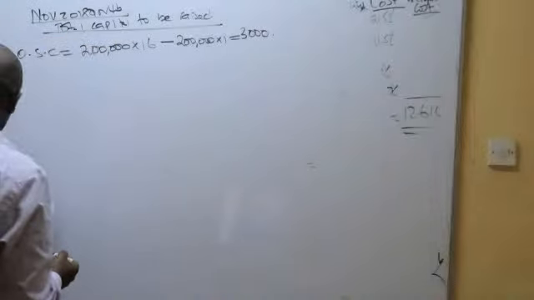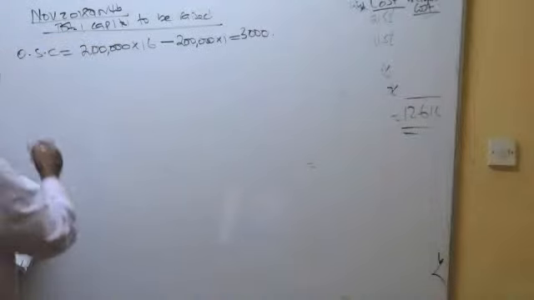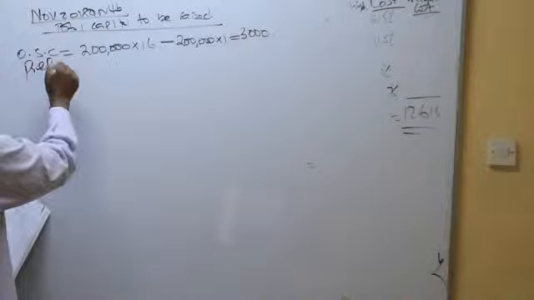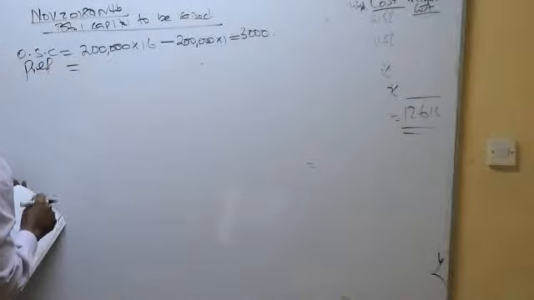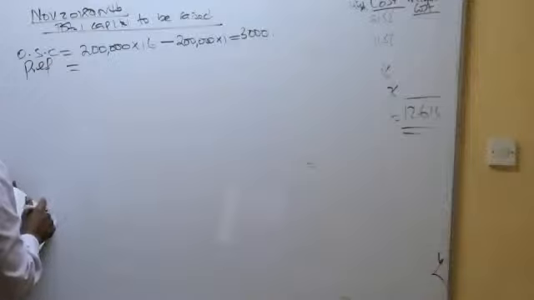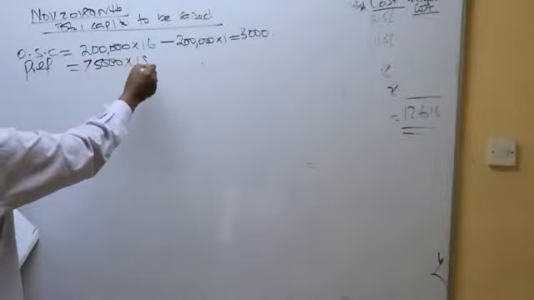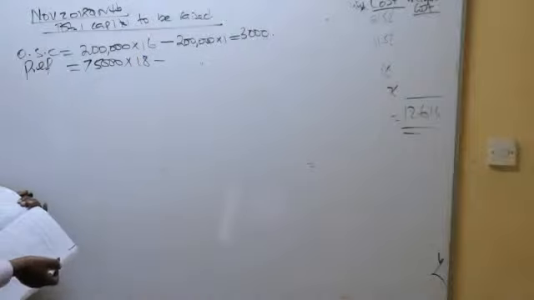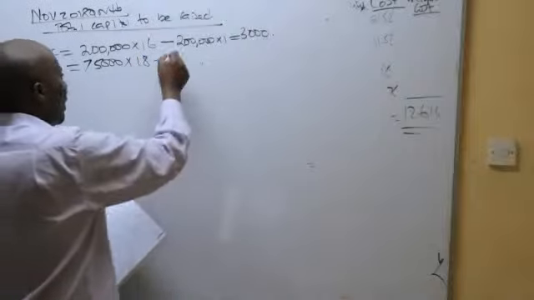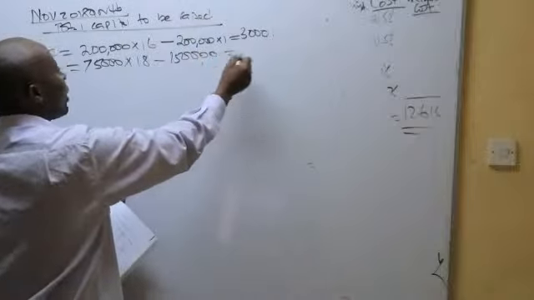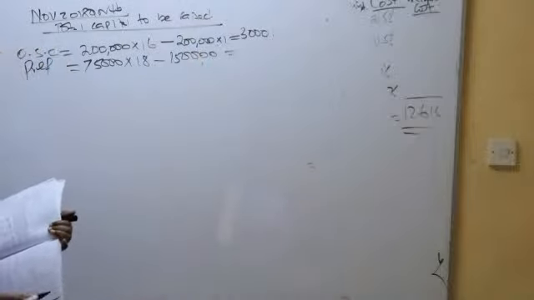The next vehicle here is called preference shares. So for preference shares, what do we have? They have told us to issue 75,000 at a market price of 18, minus the total flotation cost of preference shares, which is 150,000. So could you kindly give me the final answer in shillings thousands?